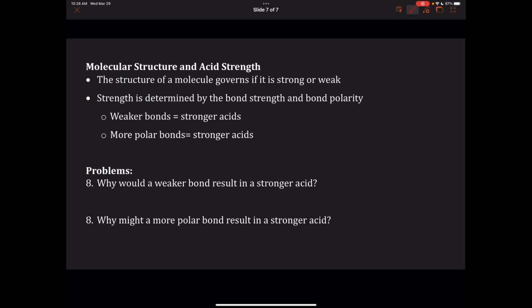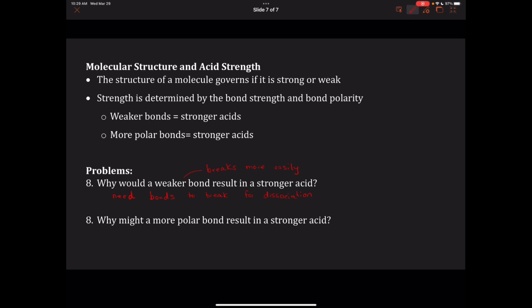We need bonds to break. So the more easily those bonds break, the more of them we can break, the greater dissociation we get. So a weaker bond breaks more easily, allowing for greater dissociation.